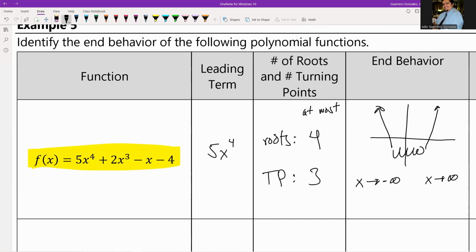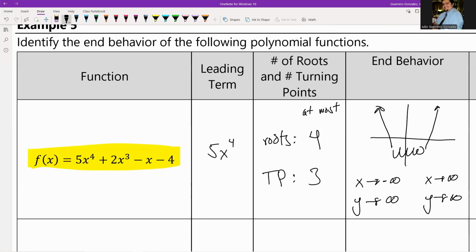As we see, as I go this way on my x-axis, my y values shoot up. So in this case, y goes to positive infinity. And likewise on the other side, y goes to positive infinity as well. There it is.